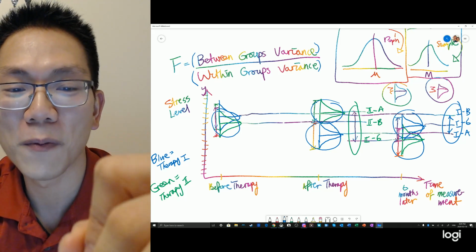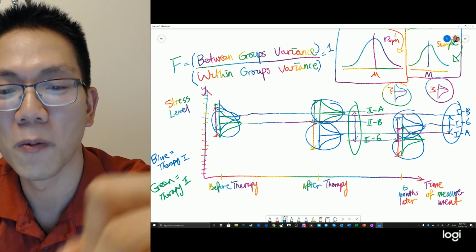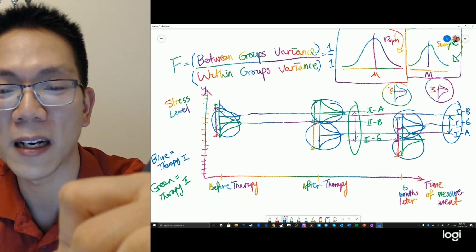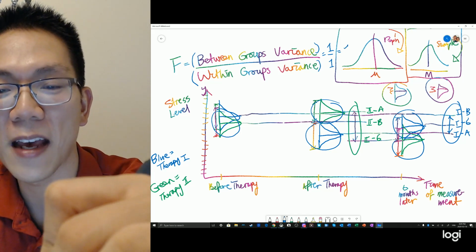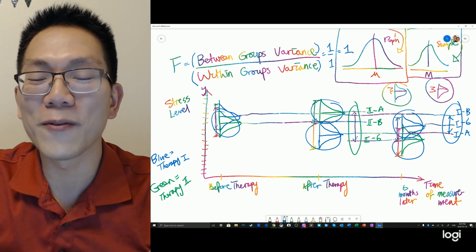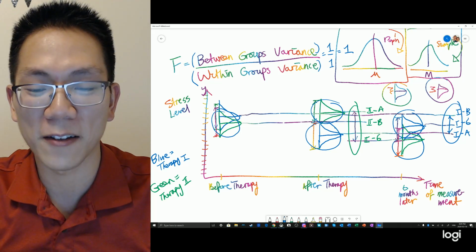So just for the sake of argument, if between group variance happens to be 1 and within group variance also happens to be 1, the idea is that they're the same, then the F ratio is 1. So really, there isn't a relationship between them, or we could begin to infer that.